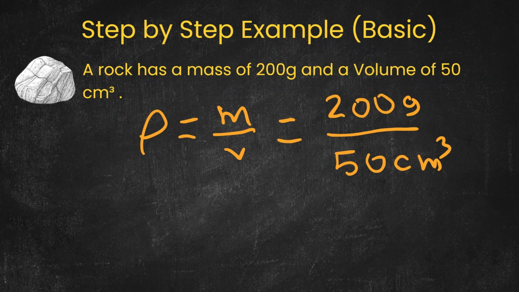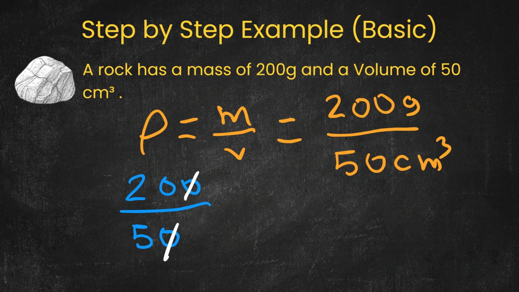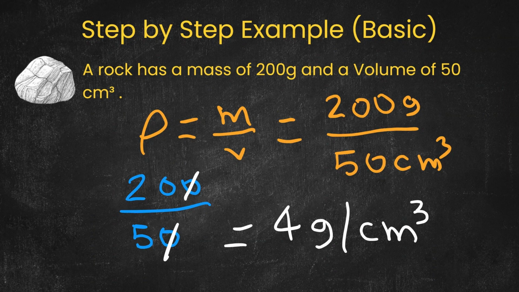You were given the mass and the volume, 200 over 50. So, you're going to divide 200 over 50. You simply cancel one 0 from each, and now it's easier to divide. 20 divided by 5 will give you 4 grams per cubic centimeter. This is our final answer.